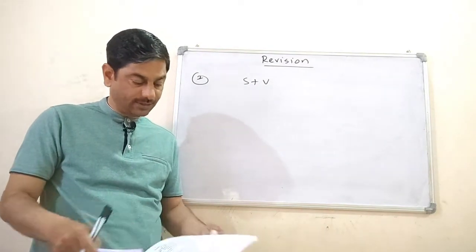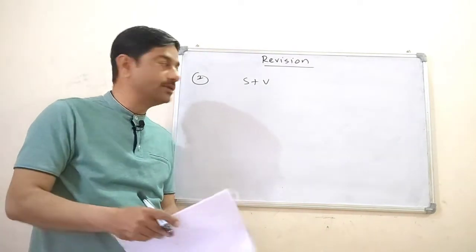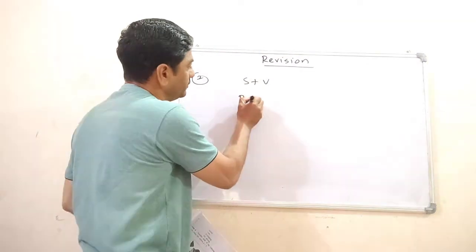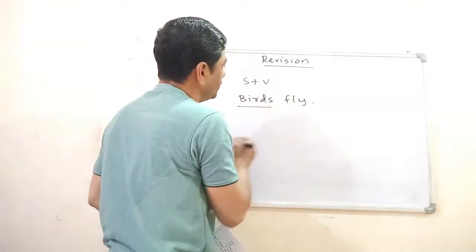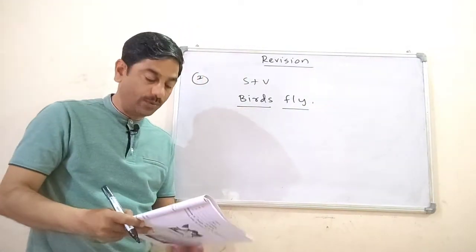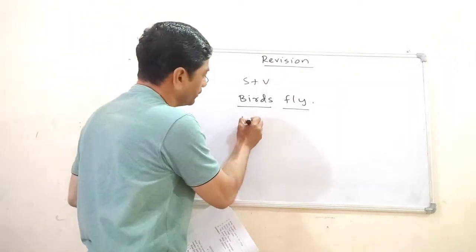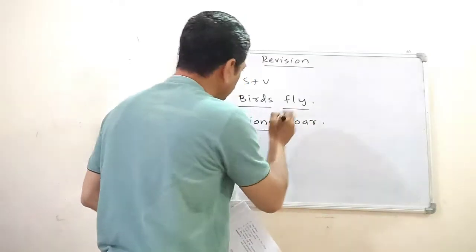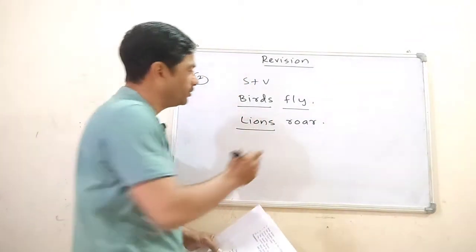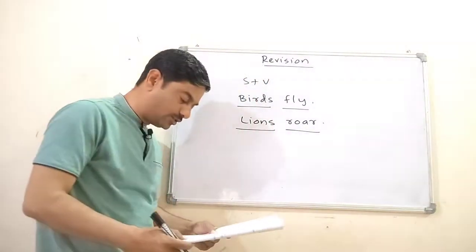Some examples I will write here. Birds fly. Here, birds is subject and fly is verb. Lions roar. Here also, lions is subject and roar is verb.